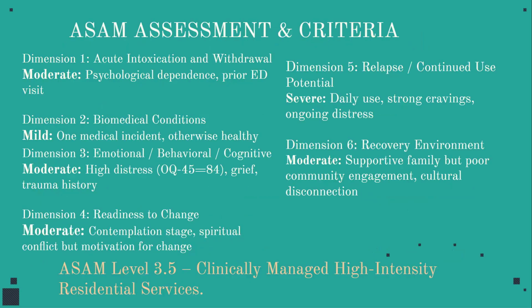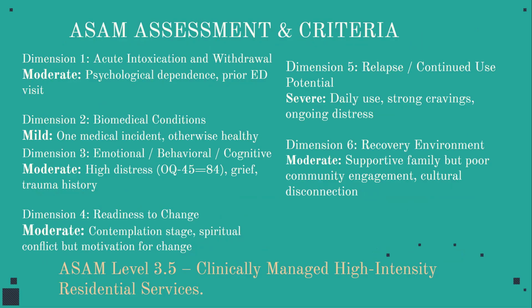Here's the ASAM criteria. Dimension 1 was moderate, psychological dependence, prior emergency department visit. Dimension 2, the biomedical, mild, one medical incident, otherwise healthy, as reported. Dimension 3, emotional, behavioral, cognitive, was moderate, high distress, as indicated on the OQ at 84.